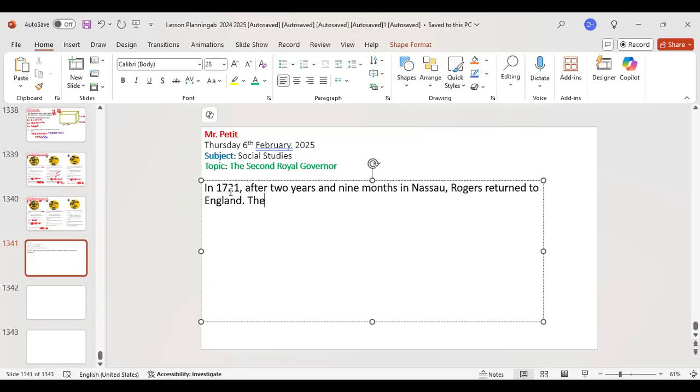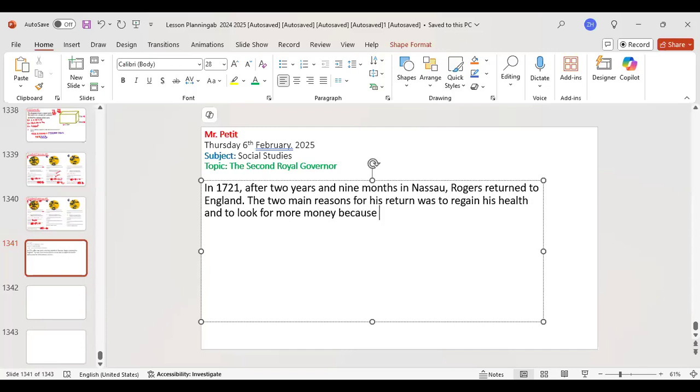The two main reasons for his return were to regain his health, because he ended up getting sick, and to look for more money, because he ended up using his money to help with the nation, right?